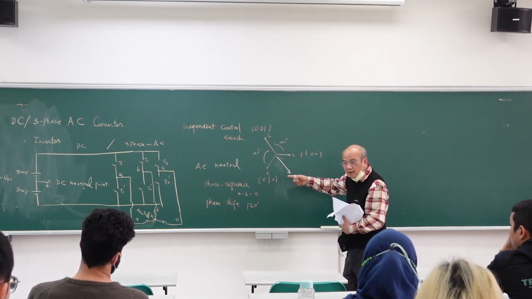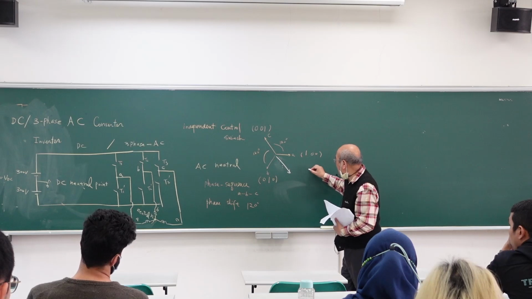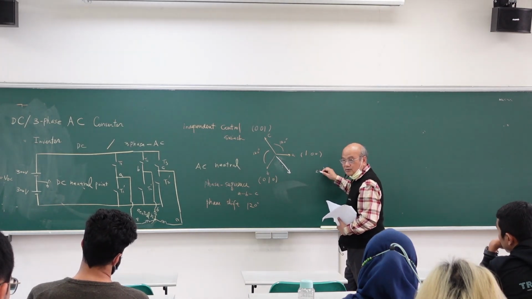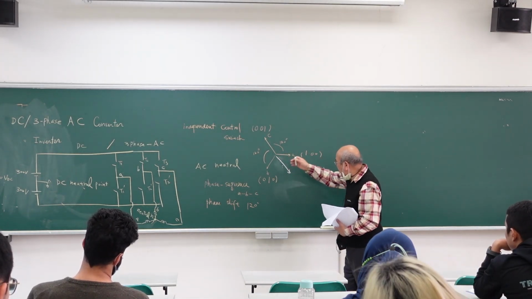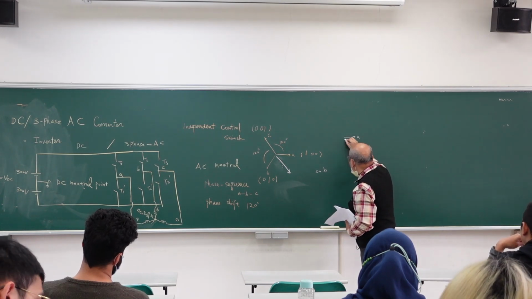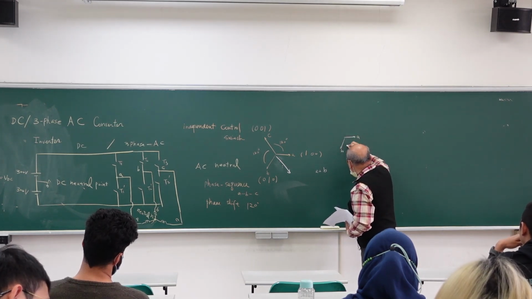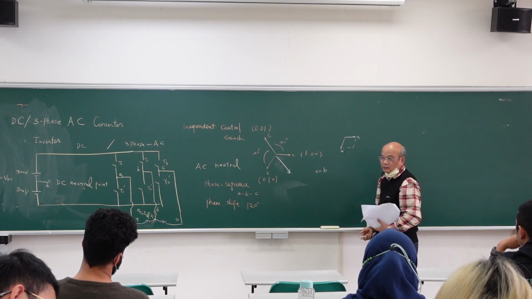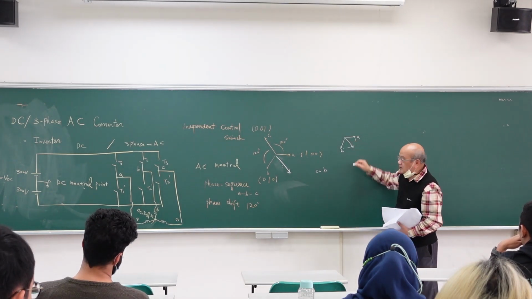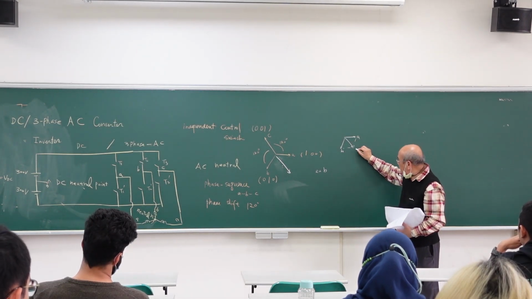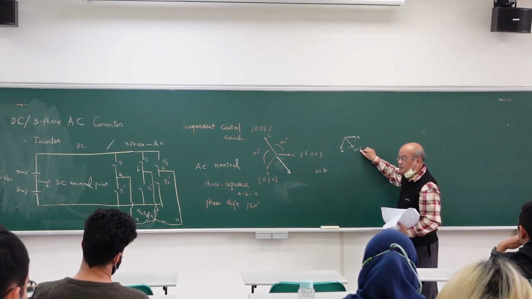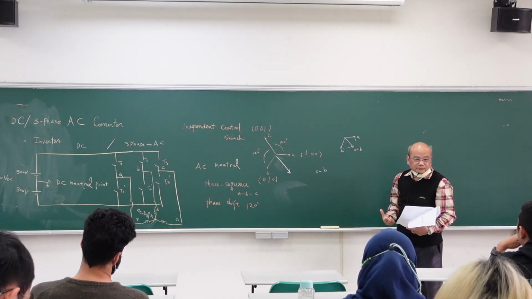Which one? Yeah, A plus B. So you have A vector, you have B vector, you need this vector. How can you create this vector?